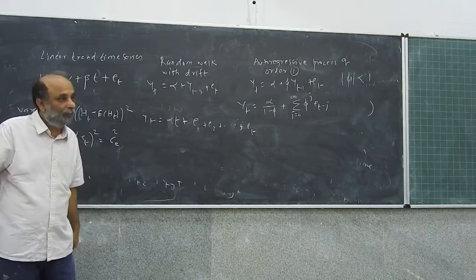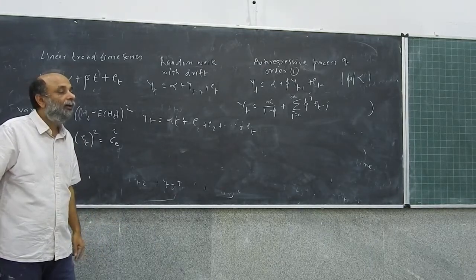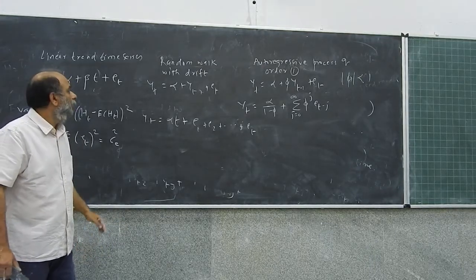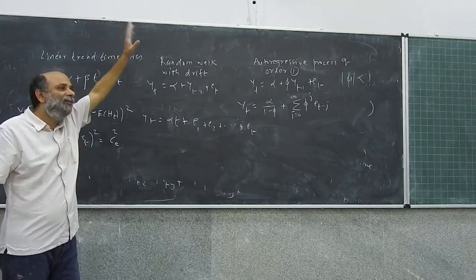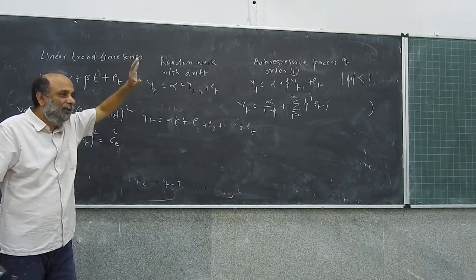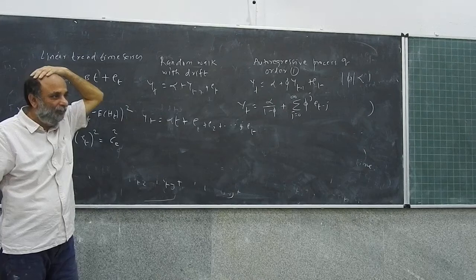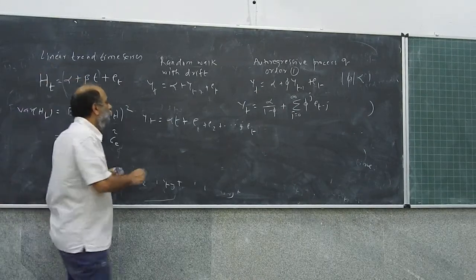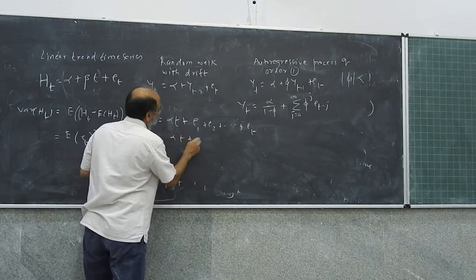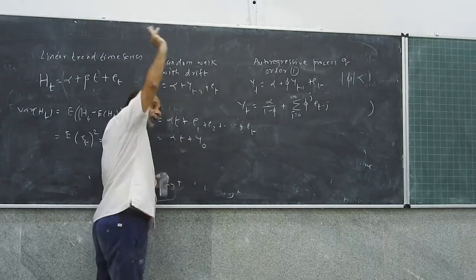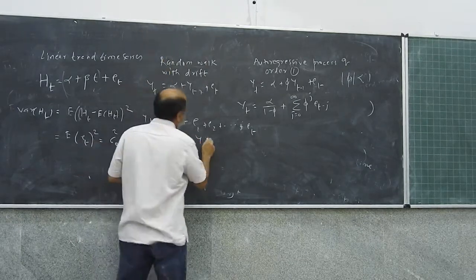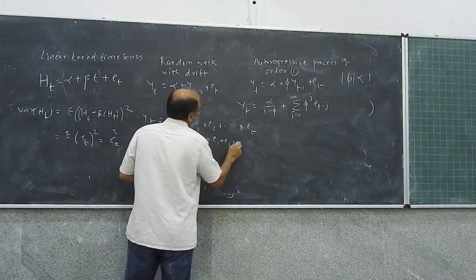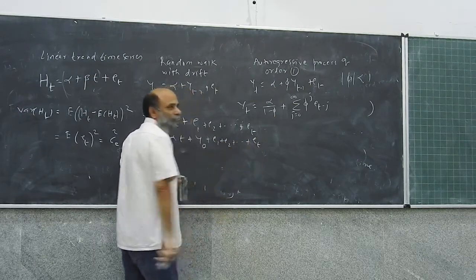We'll assume that the initial value is 0 for simplicity, so we'll assume that Y0 is 0. It won't change our analysis much, right? Because if you put that, it is alpha T plus Y0, that's the original Y, plus E1 plus E2 up to Et.